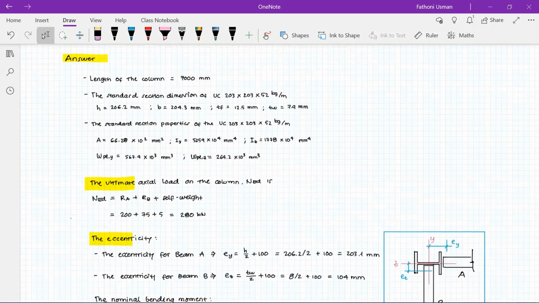The thickness of the flange is also required to determine whether we can use the nominal yield strength for the steel grade S275 as its maximum value, that is 275 Newton per millimeter squared.